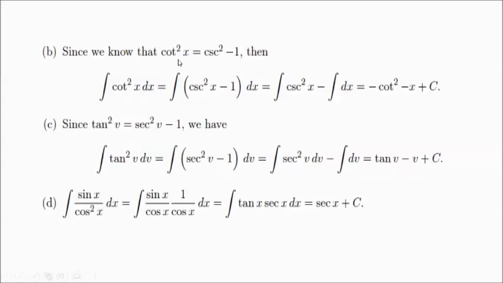In this case, we can use this identity, class. Cotangent square x is equal to cosecant square x minus 1.